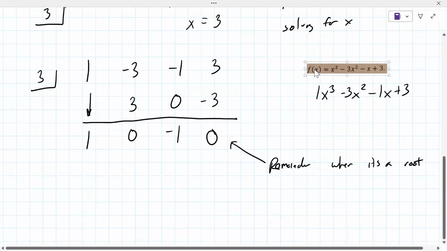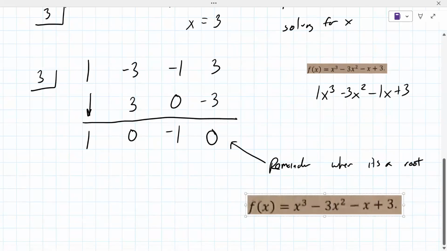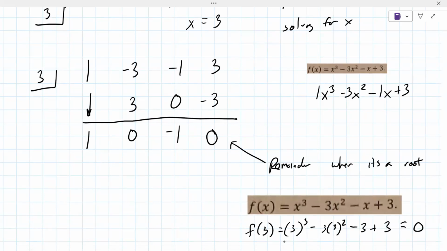So if you were to just, off to the side here, do f of 3, you would get 3 cubed minus 3 times 3 squared minus 3 plus 3. You'd find that that equals 0.